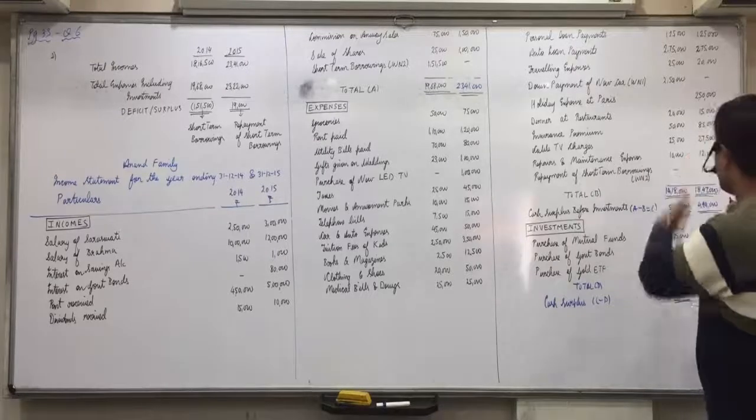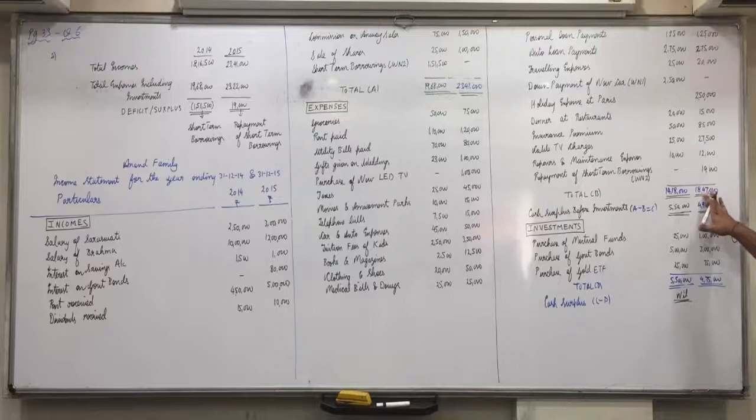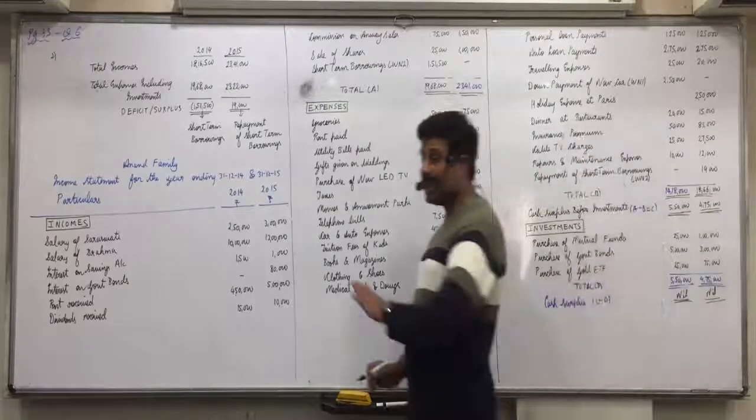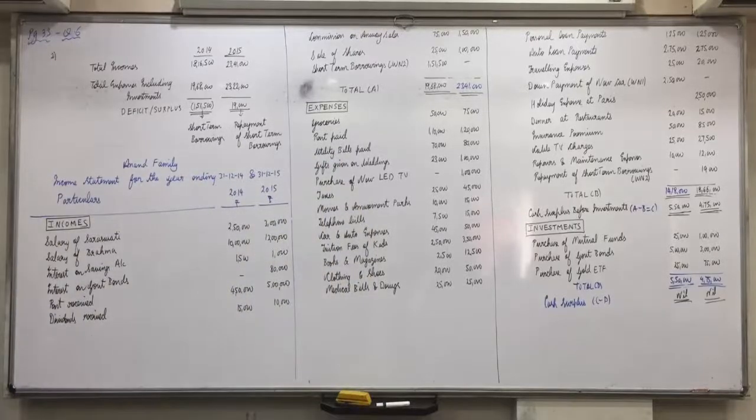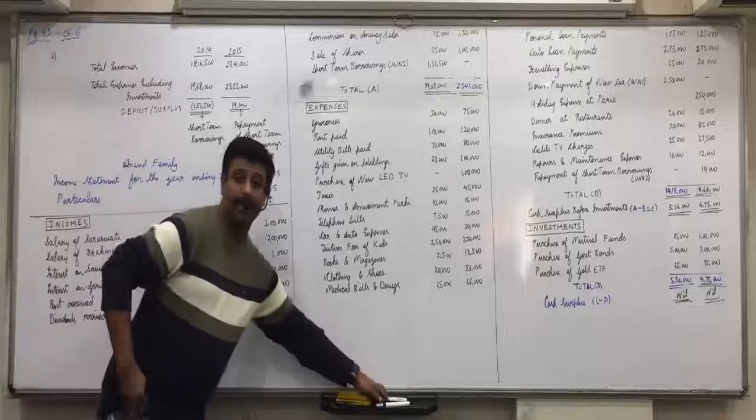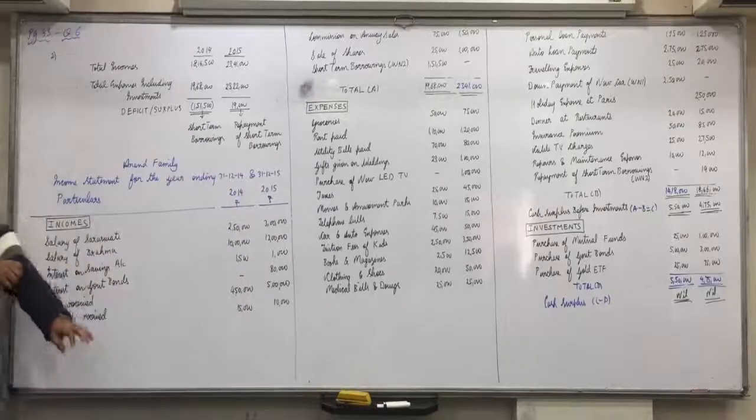Same way in 2015, this expense is 1847 plus 19, it will become 18,66,000. 2341 minus 1866 will be 4,75,000, and after investments of 475 here also it will become nil. In both the years the final surplus will be nil, because one year there is borrowing and the other year there is repayment. Is everyone clear with this?